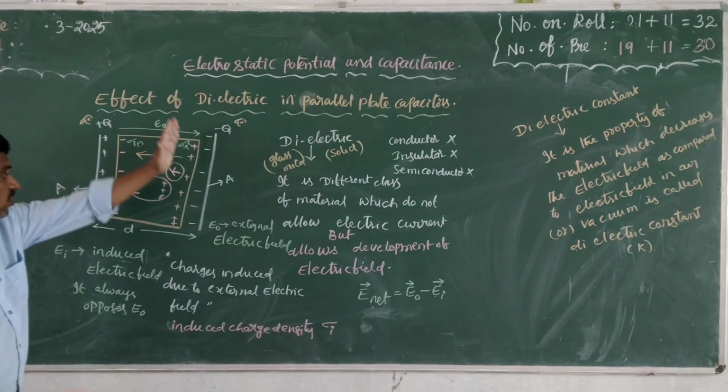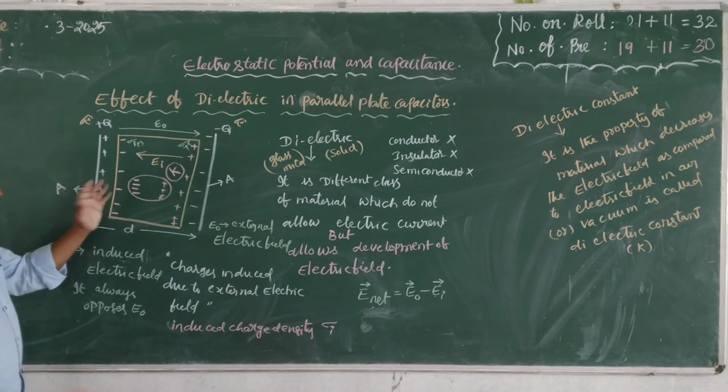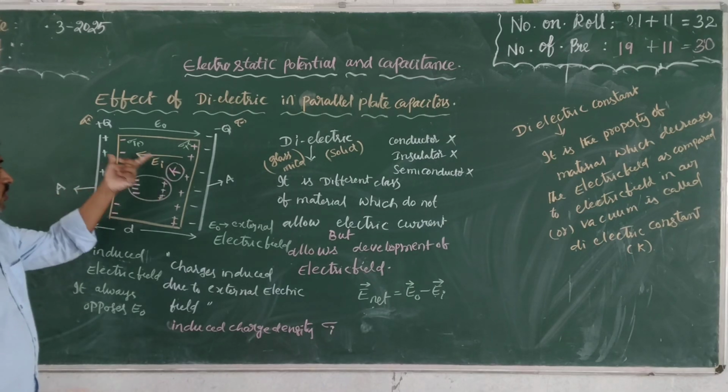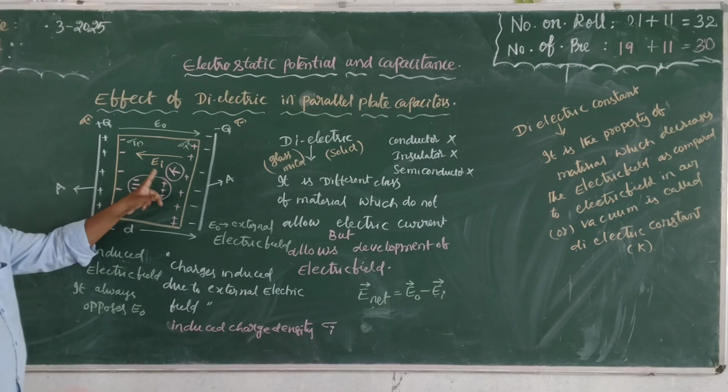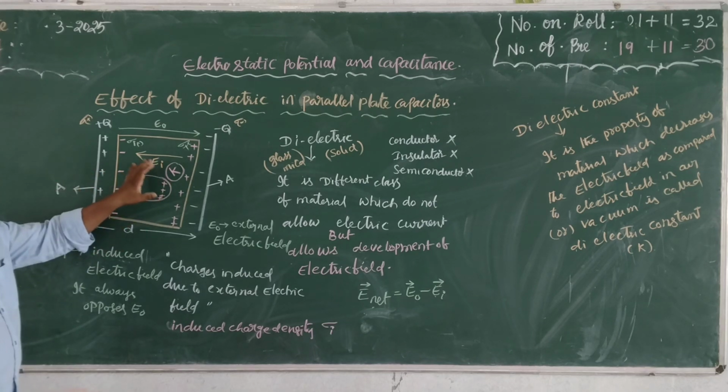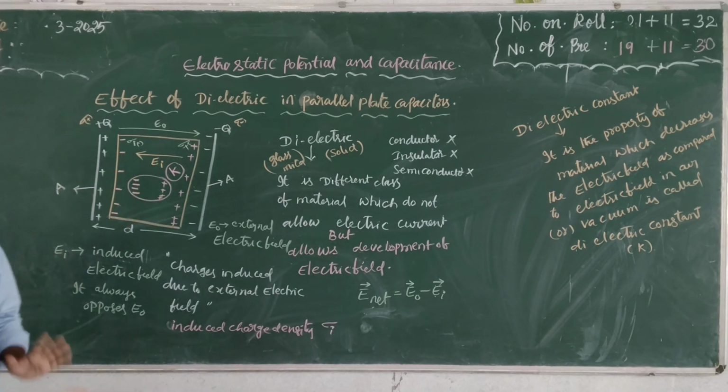Positive charges are polarized this side, negative charges this side. Due to these positive and negative charges, an electric field develops from positive to negative inside. That electric field is the induced electric field, EI.